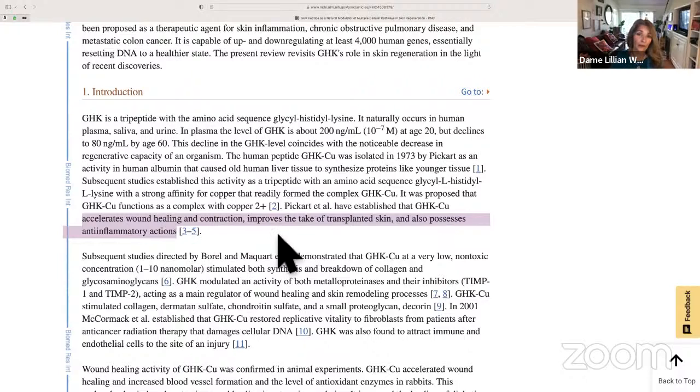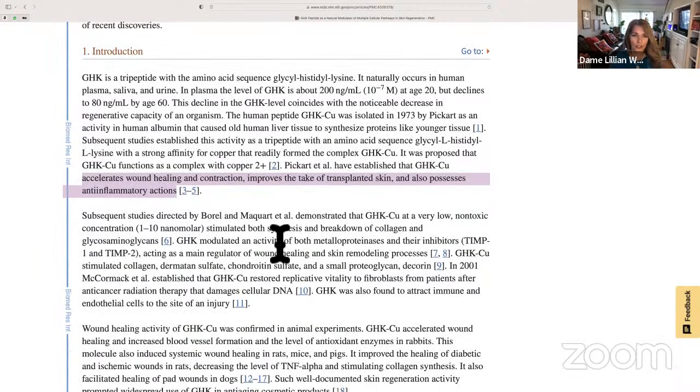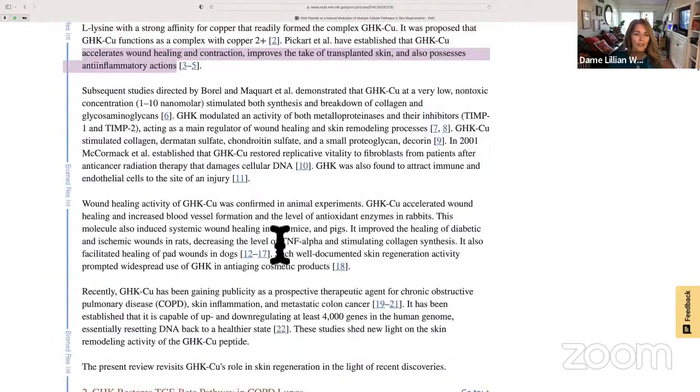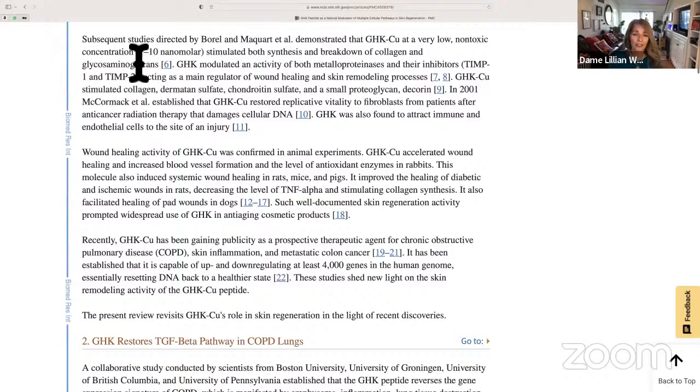Anti-inflammatories are very important for the body to repair and restore itself. So it goes on to talk about the subsequent studies directed by Borel and Marquardt et al., which demonstrated that GHK-Cu at a very low, non-toxic concentration, 1 to 10 nanomolar, stimulated both synthesis and breakdown of collagen and glycosaminoglycans, and GHK modulated the activity of both metalloproteinases and their inhibitors, TIMP1 and TIMP2, acting as a main regulator of wound healing and skin remodeling processes.